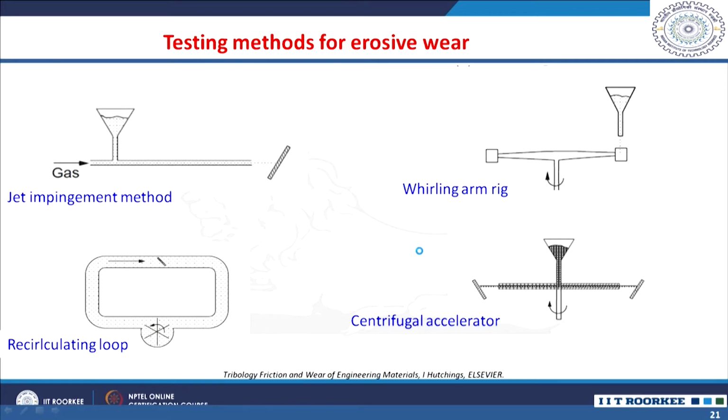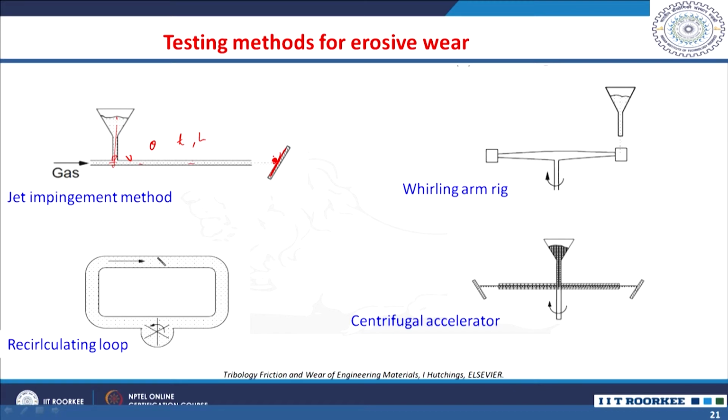Finally, there are several testing methods to assess erosive wear. In the jet impinging method, a mixture of gas and particles is impinged on the surface and the material is damaged. At a particular velocity and angle of impingement, at particular temperature and humidity conditions, you can assess the material removal.